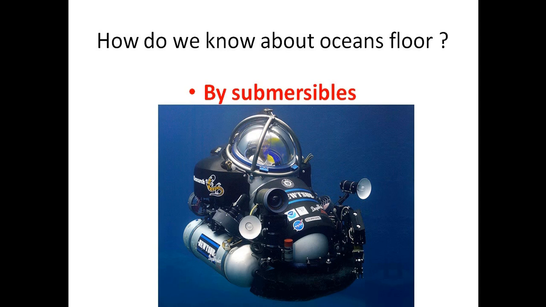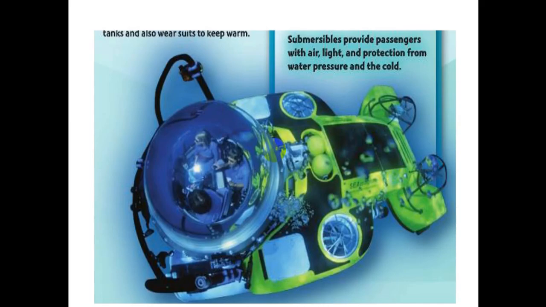So the submersibles are like submarines, special submarines adapted to go very deep in oceans. Here also, in this picture in your book, submersibles provide passengers with air, light, and protection from water pressure.